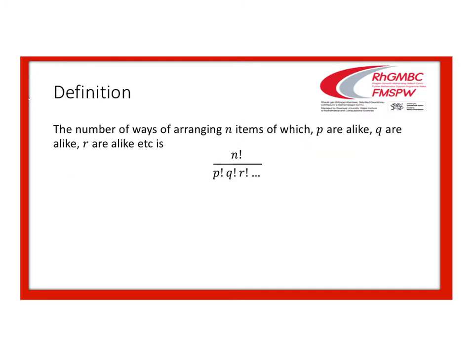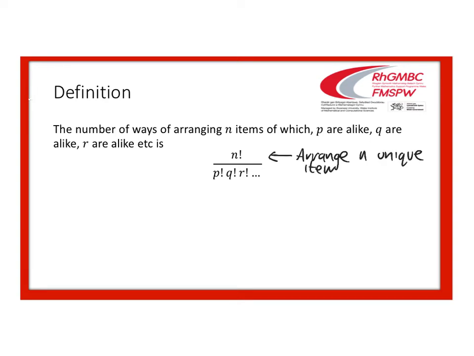The number of ways of arranging n items of which p are alike, q are alike, and r are alike, etc. is n factorial over p factorial times q factorial times r factorial, etc. So just to annotate and explain what we had there, remember this is arranging the n unique items.